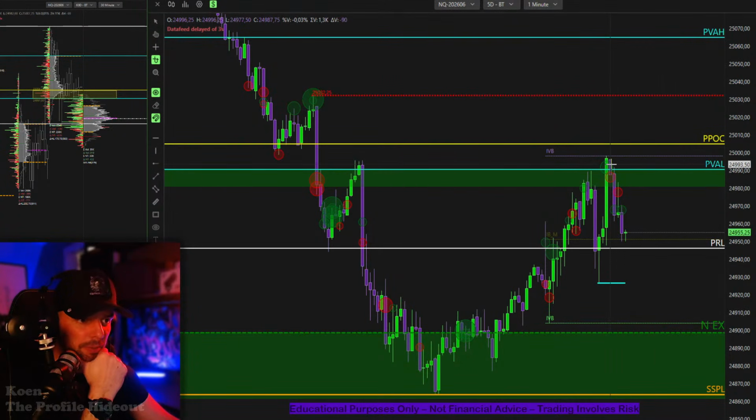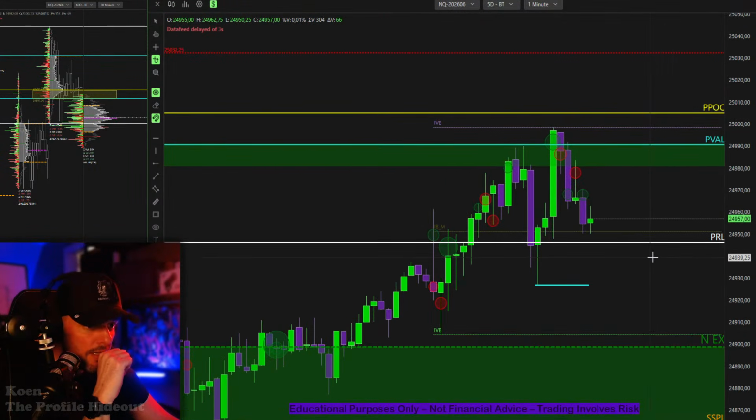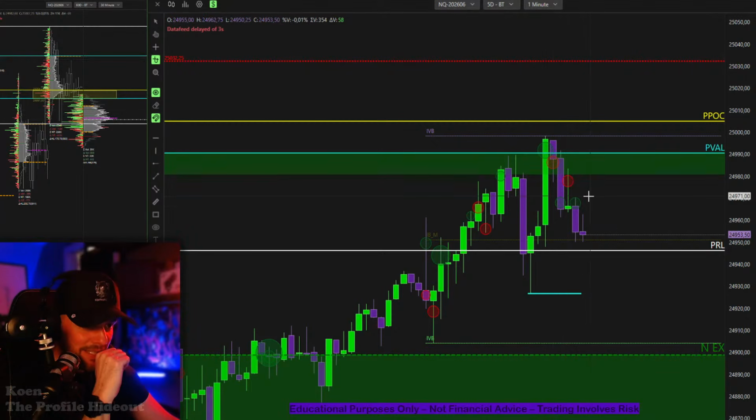At the same time, I don't want to get married to the idea. If I see something strong, good trade location wise, I do want to go long. But as it stands, sellers stepped in, buyers tried to push it up, price selling off.